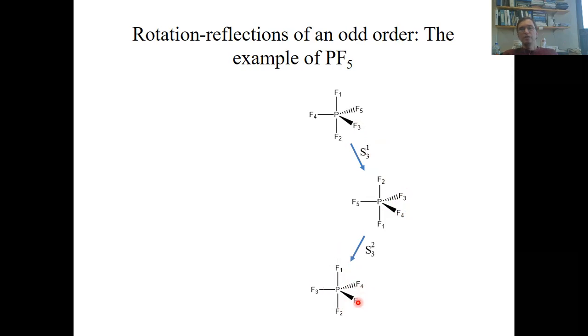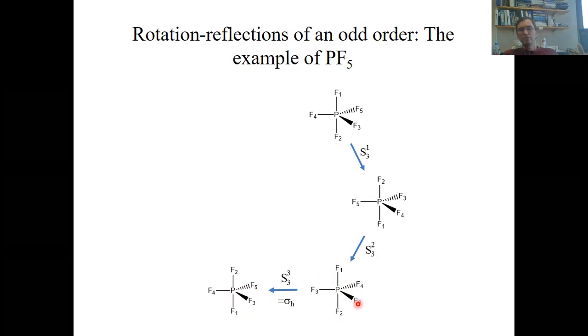Okay? So now if we do this 3 times, then again F1 and F2 swap their position, here and here. And again, these 3 fluorines rotate counterclockwise. So F3 moves here, F4 moves here, and F5 moves over there. All right.